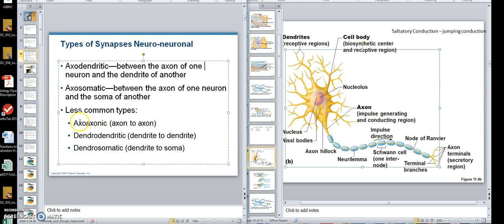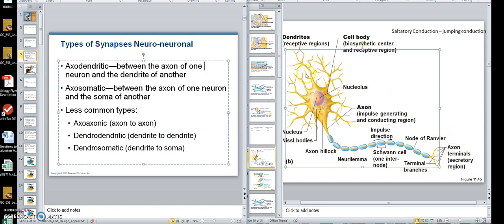Less common, an axon to an axon, rare. A dendrite to dendrite, rare. Dendrosomatic, rare. So these I'm not going to even get into. Okay, but the most common is the axon to dendrite, axon of one to dendrite of another one. Axosomatic, axon of one to cell body.